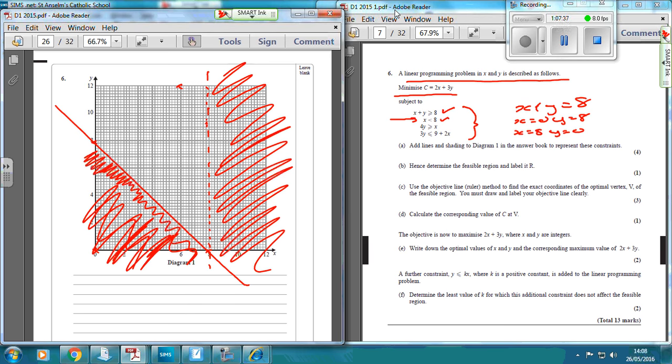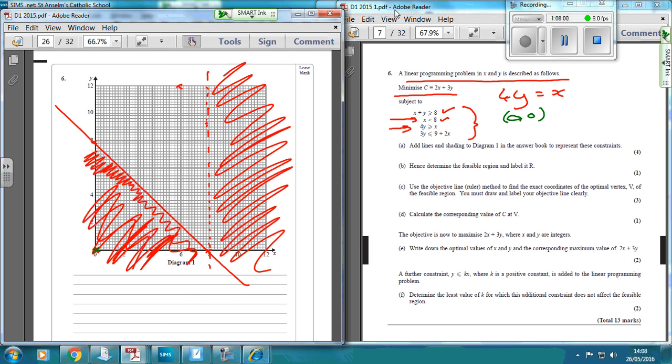Okay, next one. 4y is going to be greater than or equal to x. So again, we're just going to draw the line, 4y equals x. I'm going to use the point 0, 0, because if x is 0, y is 0, so 0, 0 is going to lie on my line.